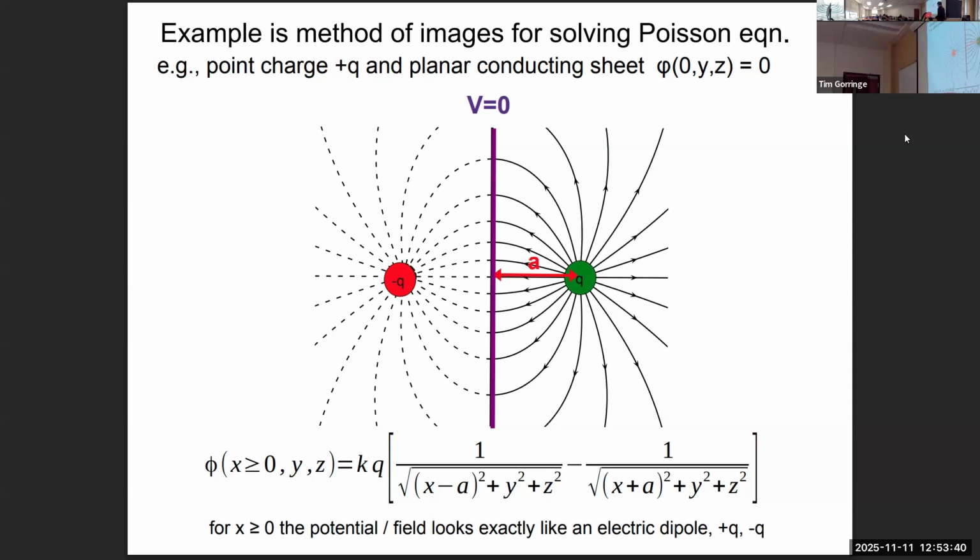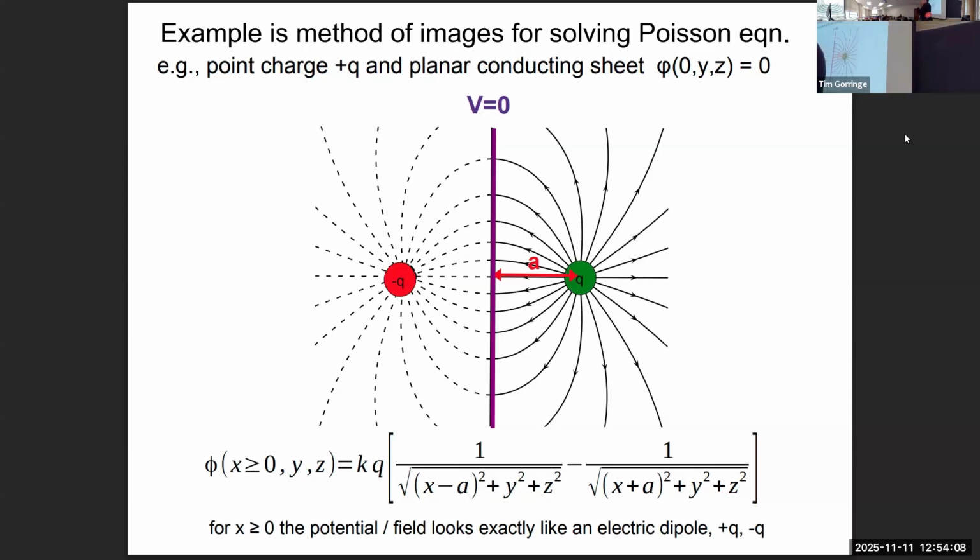So without any calculation, we just wrote down what the potential is in some region of space over here to the right-hand side, based on the potential of two equal and opposite charges located at distance A to the left and to the right of the conducting sheet. It's just this potential. So that all worked because of the uniqueness.